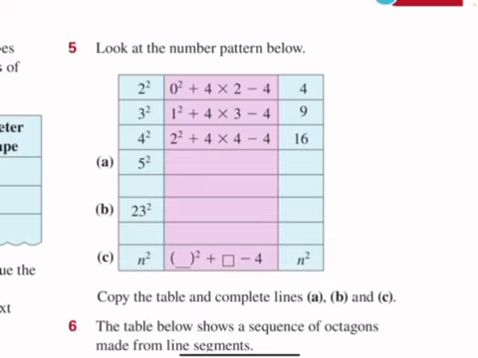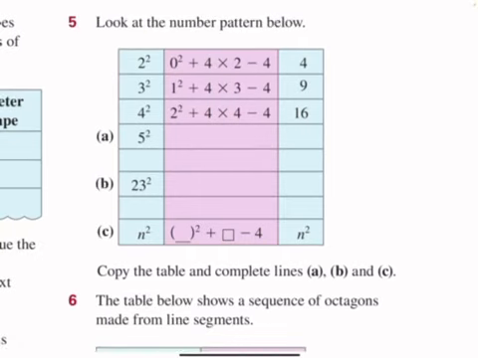So those are the two things I noticed. So when they ask me 5 squared, what is that answer? Most likely, it will be 3 squared, add 4 multiplied by 5, subtract 4. Because I noticed the pattern.